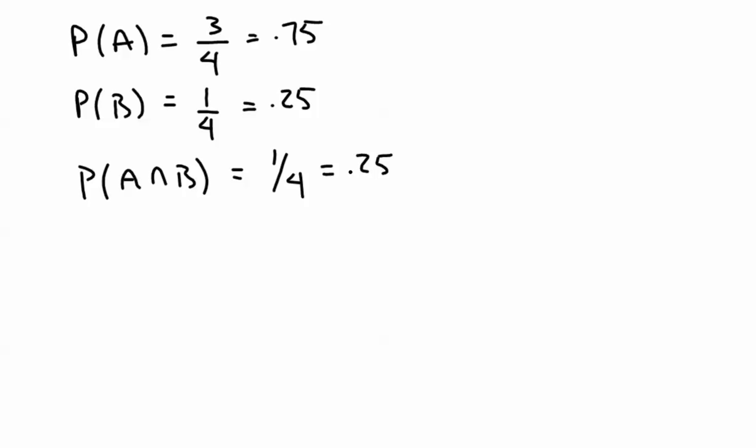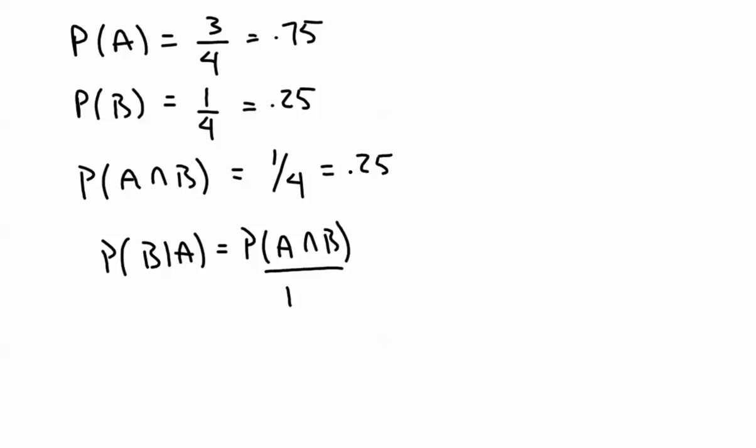Plugging that all in, I get probability of B given A equals probability of A intersect B divided by probability of A. That is 1/4 divided by 3/4, and that's 1/3.